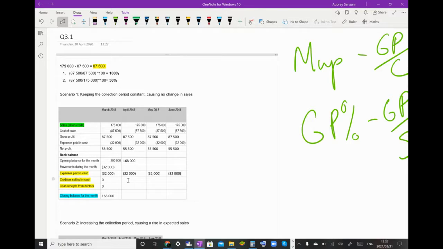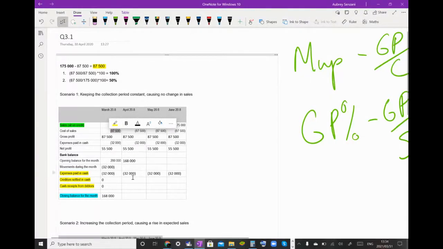Then more traders used to have a debtors collection period as well as a creditors settlement period of 30 days. So if it has a settlement period of 30 days, what that means is that all the goods that we have bought, which is your cost of sales, from this month of March is getting paid 30 days later.